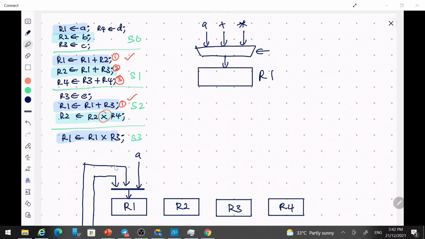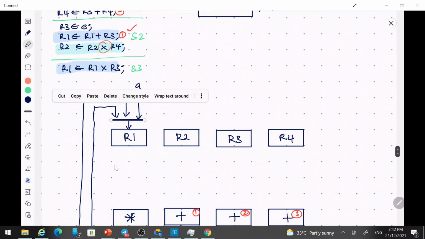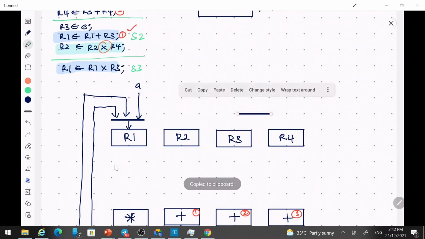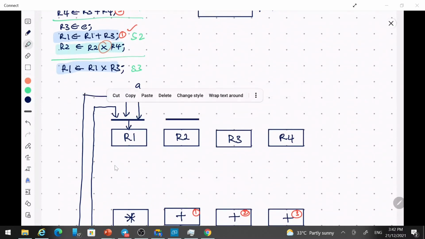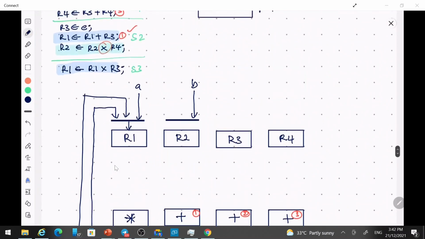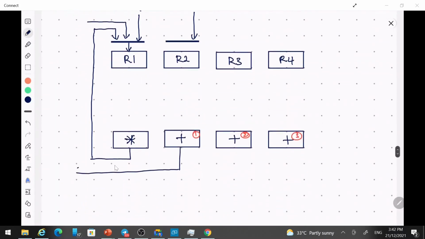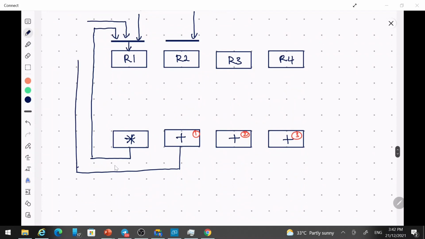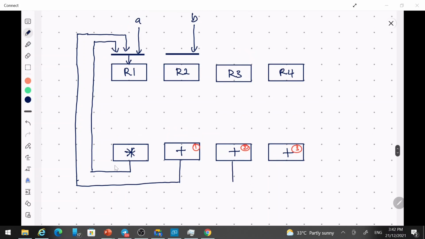So R2 also has 3 inputs. The first one is from B. The second one is from the second adder.